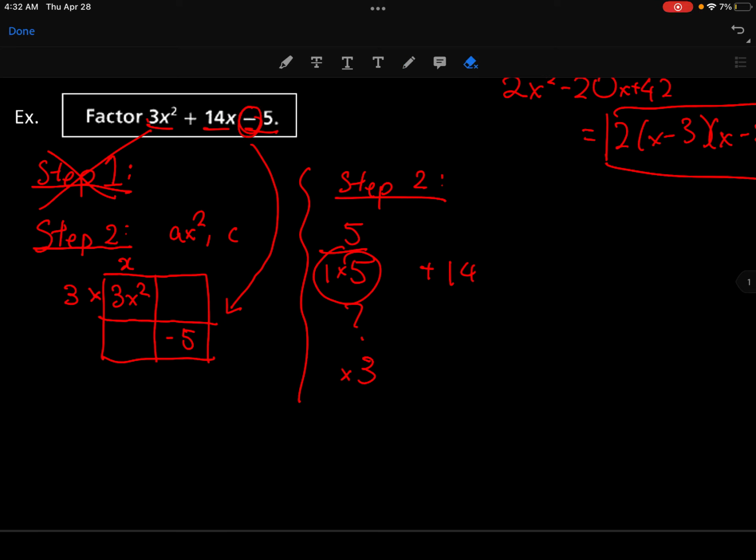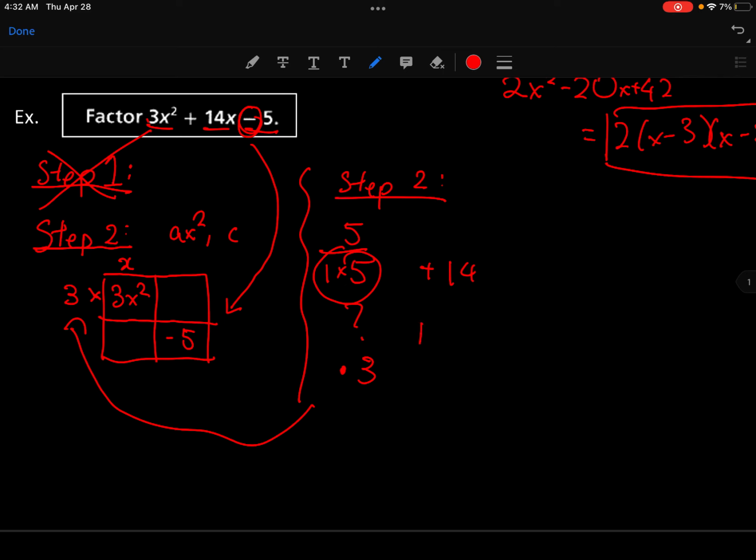Let me do this as the multiplication sign. One of them must be multiplied by 3. Why? Because there's a 3x squared term. Therefore, one of the factors has a 3x in it.